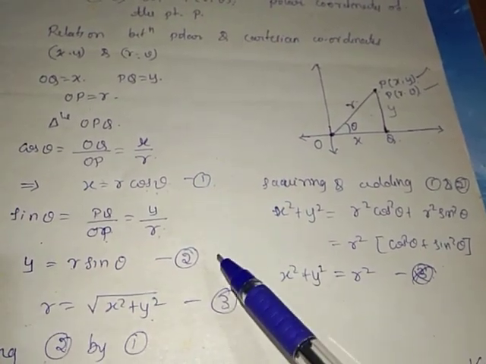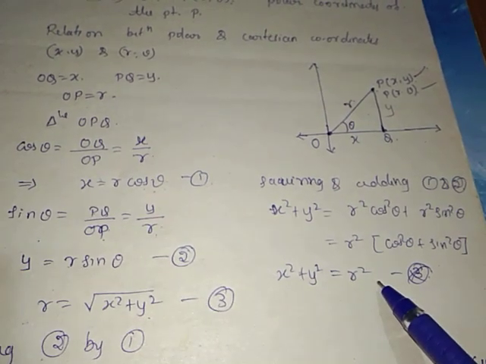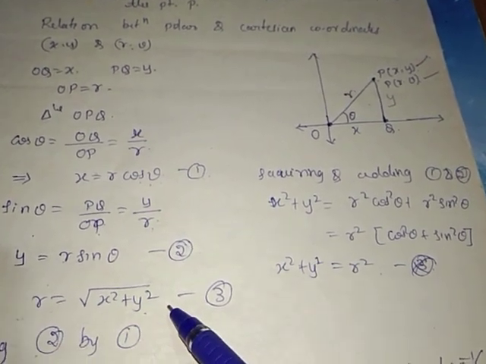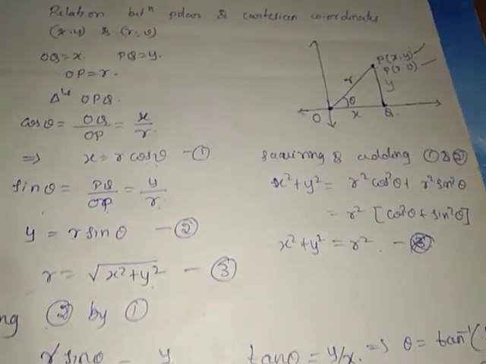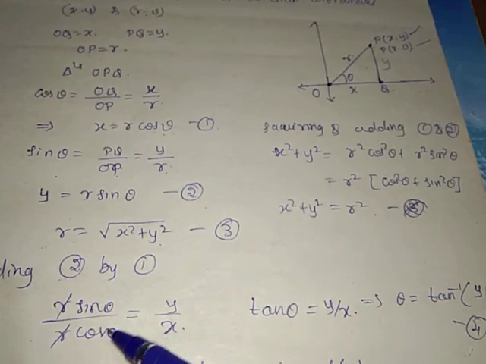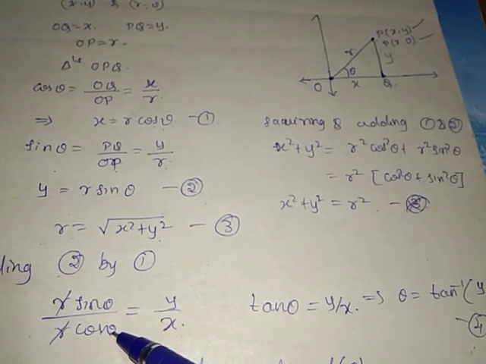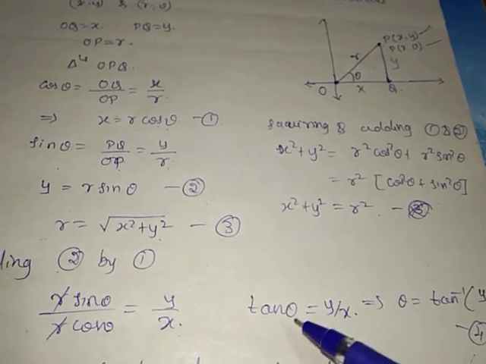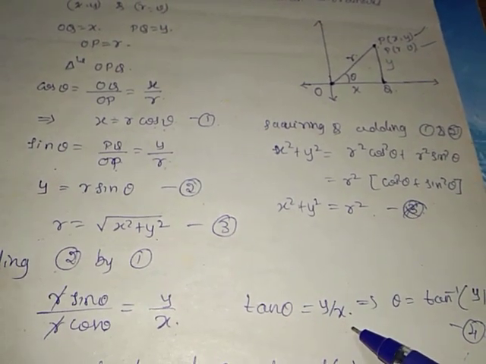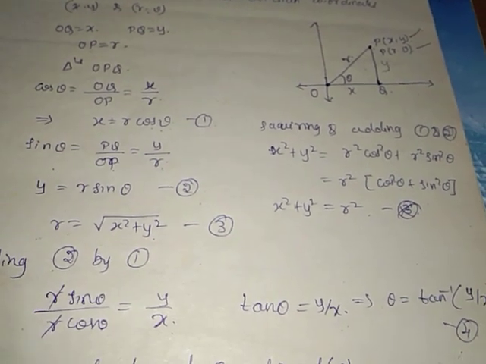Squaring and adding equations 1 and 2, we get x square plus y square equal to r square, r equal to square root of x square plus y square. Dividing equation 2 by 1, we get r sin theta divided by r cos theta equal to y by x. Sin by cos becomes tan, r is cancelled, tan theta equal to y by x, that is theta equal to tan inverse of y by x.